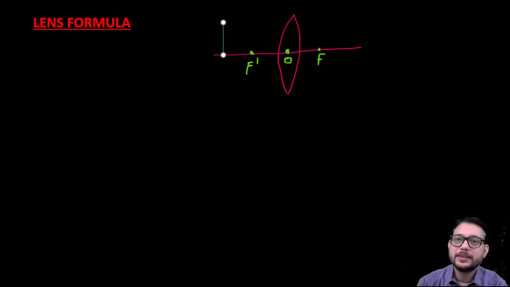So this is your object, as you can see here, and the rays which come out from the object start from each and every part of the object. Let's suppose a ray moves like this way.